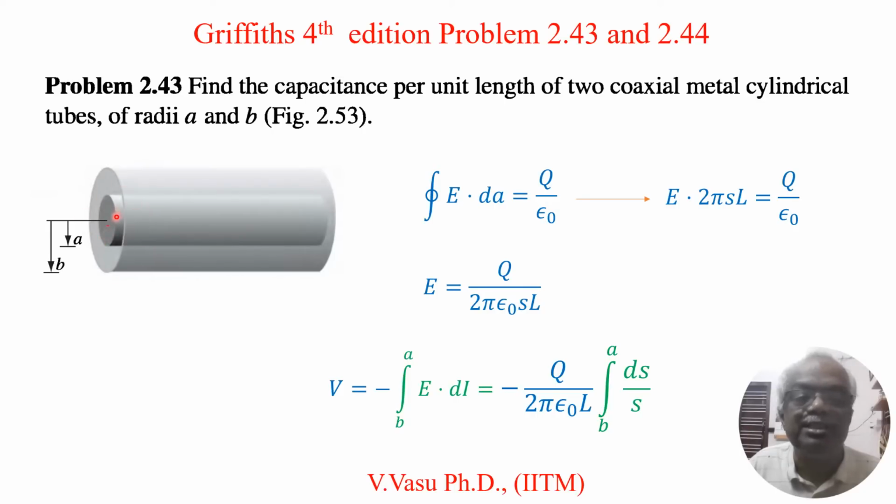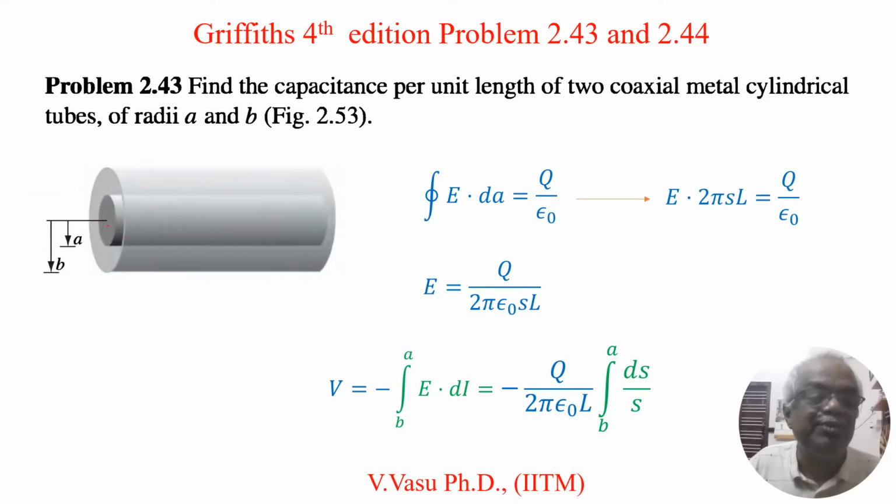Now there are two coaxial cylindrical tubes. The inner one has radius a and the outer one has radius b. Now we have to find the capacitance of these two cylinders.